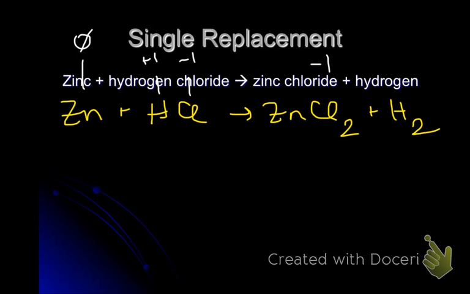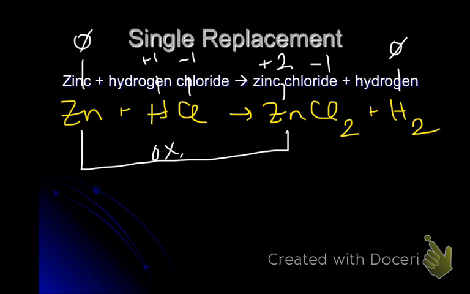Chlorine is more electronegative, so it would have the same charge as an ion, which means zinc would have to be a +2 in this case. And then we have elemental hydrogen, which is 0. So what you can see is that zinc, as it goes from the element to being in that compound, is oxidized. And it is the H in the hydrochloric acid that goes from +1 to 0, which is being reduced. Okay, so another example of an oxidation-reduction reaction. You can see how important keeping track of those oxidation numbers is for this process.